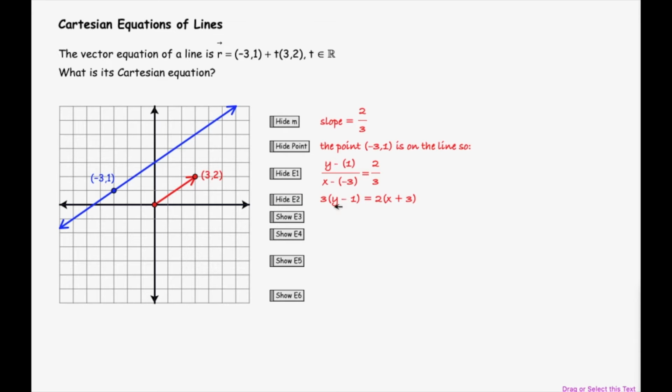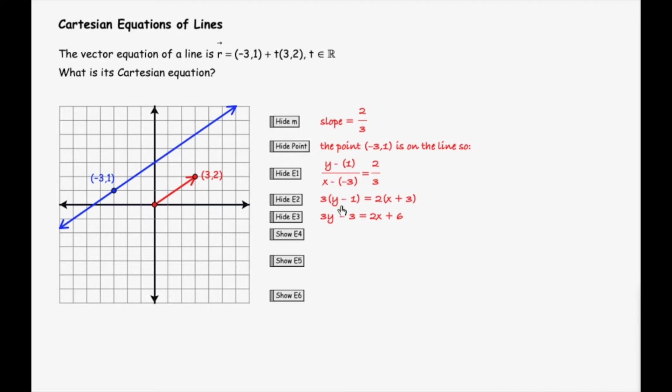And of course, we're used to just having the 3 over here, and we're used to saying y minus 1 equals 2/3 times x plus 3. That would be the Cartesian equation of the line in point-slope form, but what I'm going to try to do is move this to slope y-intercept form so that we can pick off the slope.